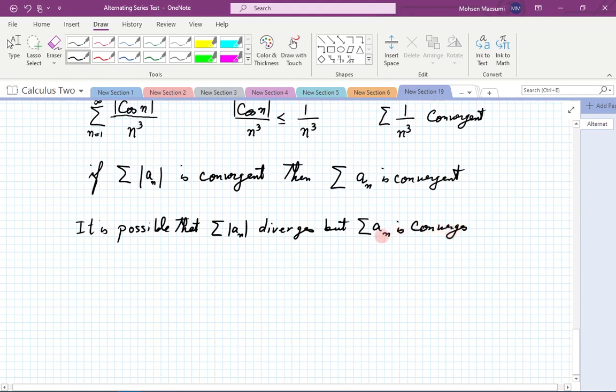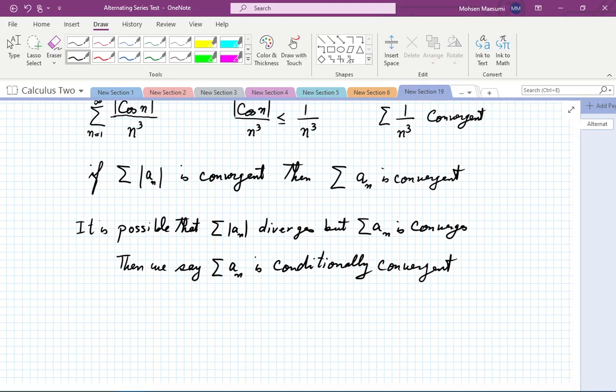We call that type of series conditionally convergent. Then we say the sum of a_n is conditionally convergent. What does this mean? On the condition that you're adding some and subtracting some, the series converges. But if you force all of them to be positive, then it does not converge.